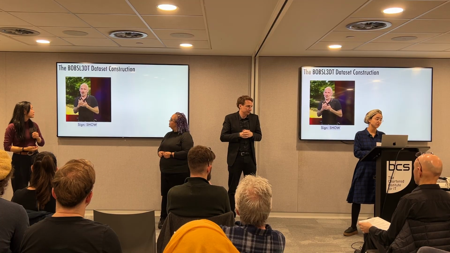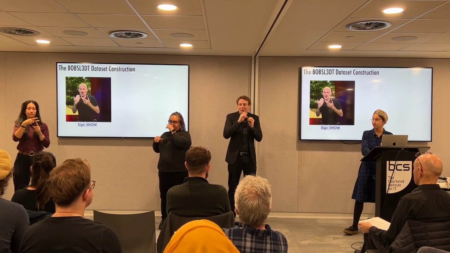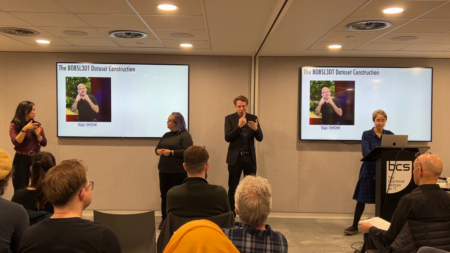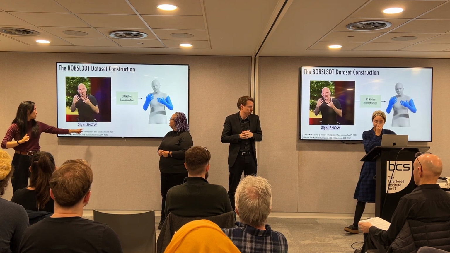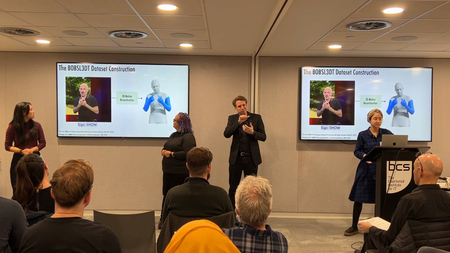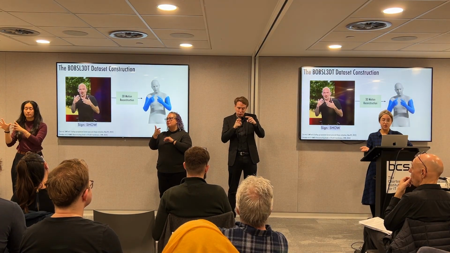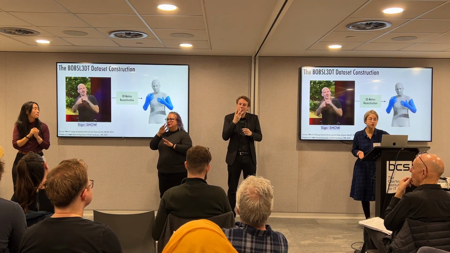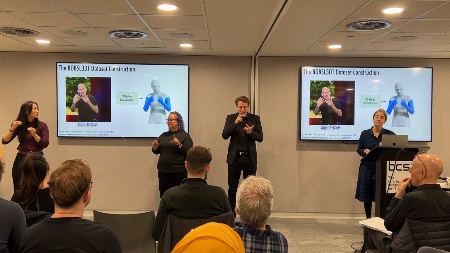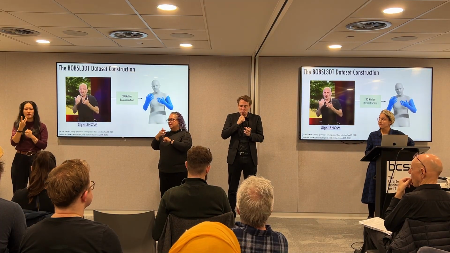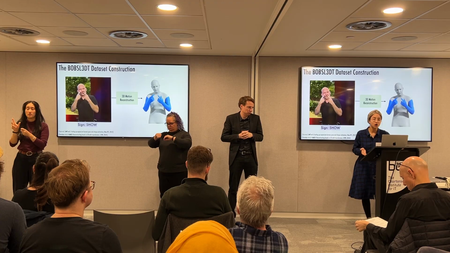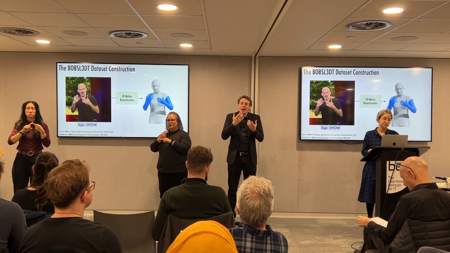You have on the screen an example, a sample from the BabSL dataset for the sign show. And from these BabSL gloss samples, we're going to extract the 3D motion using off-the-shelf 3D pose estimation models. So we use a combination of known 3D pose estimation models.